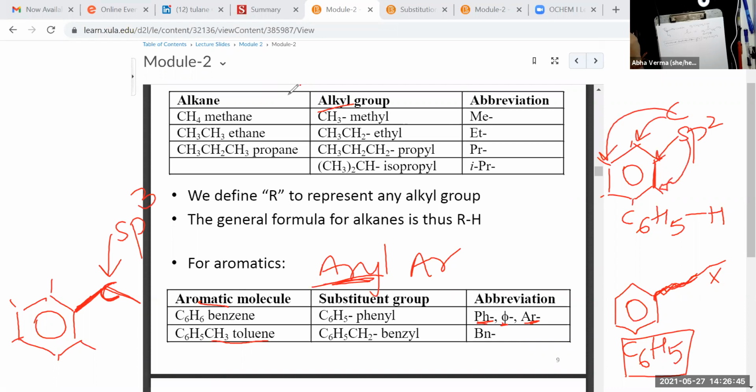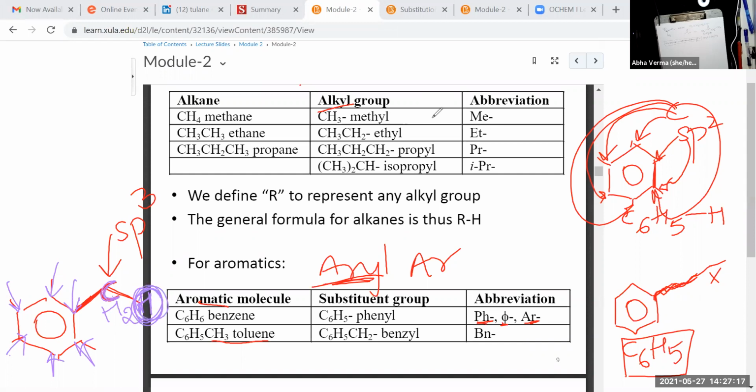Do you see the difference? sp2, sp2, sp2, sp2, sp2, sp2. But this carbon is sp3. So how many hydrogens are on this carbon? At least 2. And if there is a third hydrogen also, this is the hydrogen.